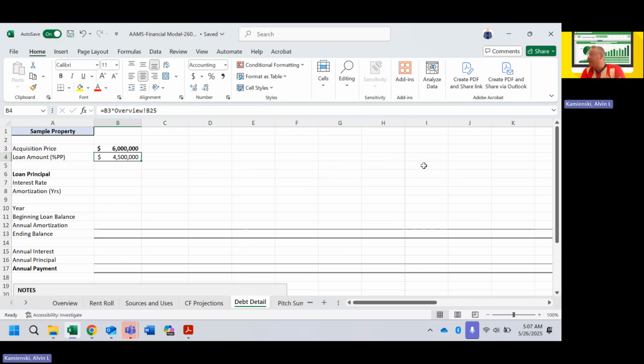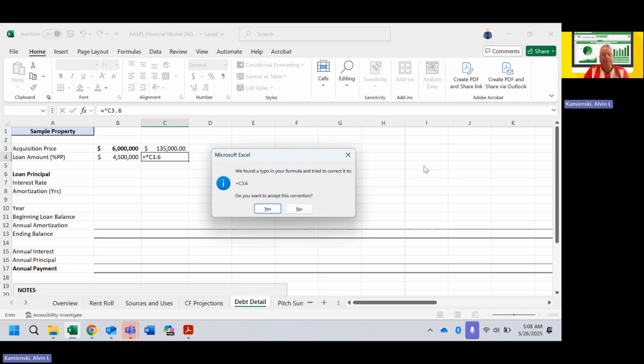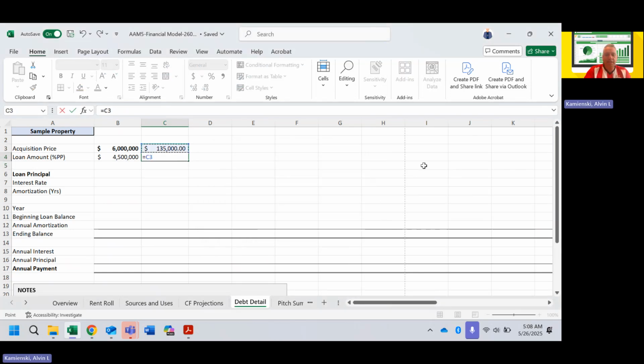On this lake property, because there's no improvements on it, I actually want to pay $135,000, but the bank is only willing to loan me 60% of that. Oops, equals that times 0.6. So look what that means.